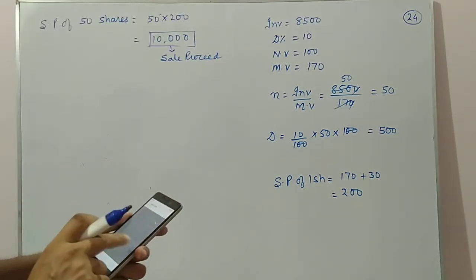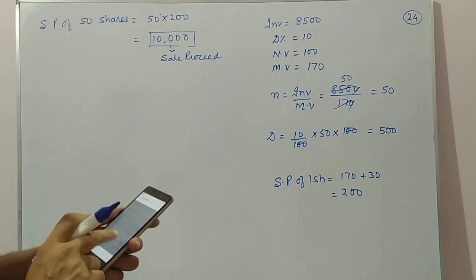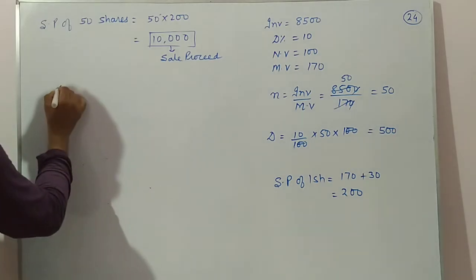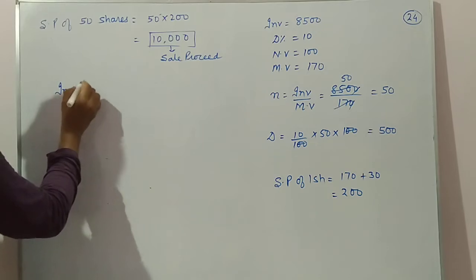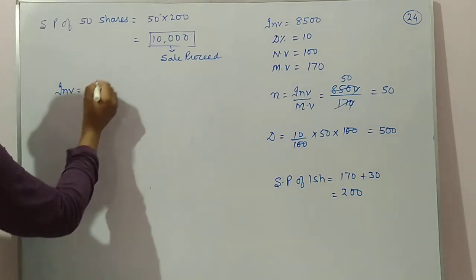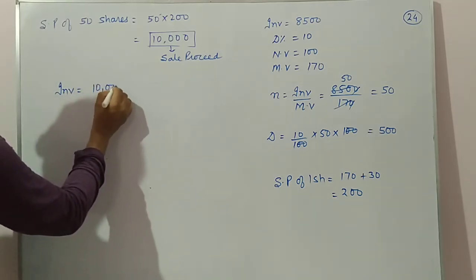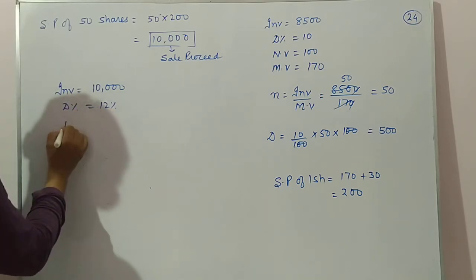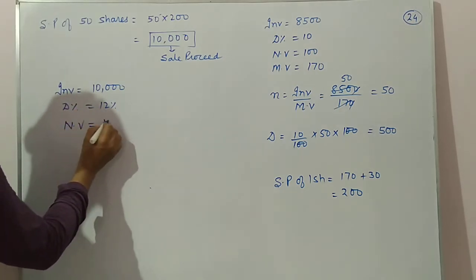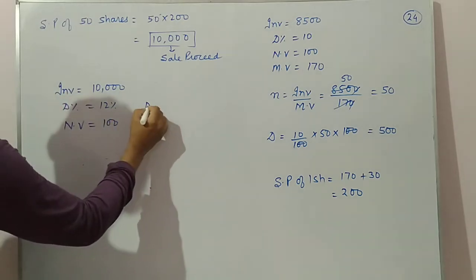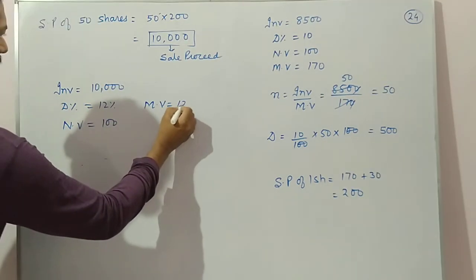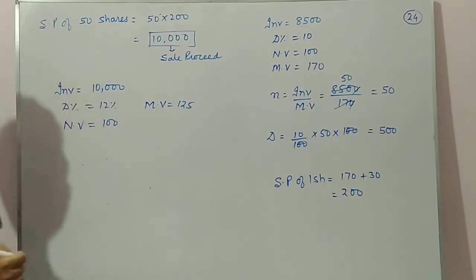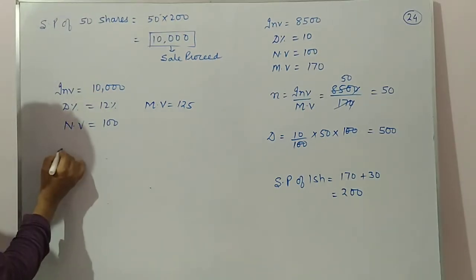This is invested in 12% rupees 100 shares at 125. So find the number of shares.